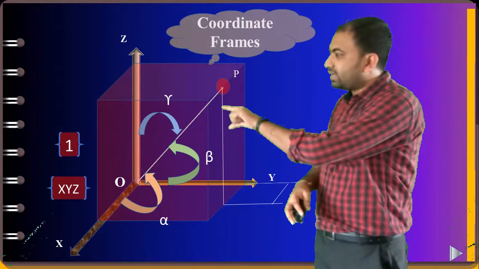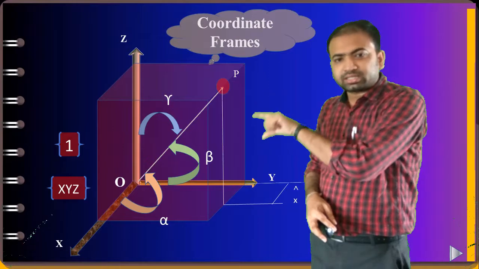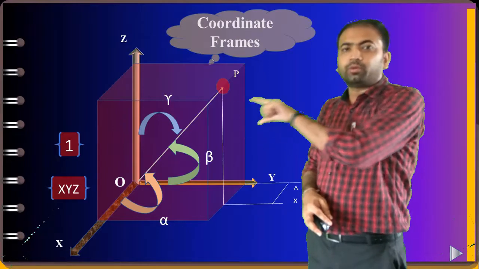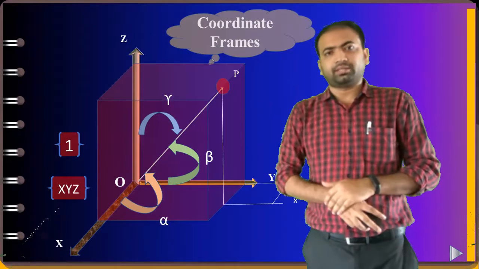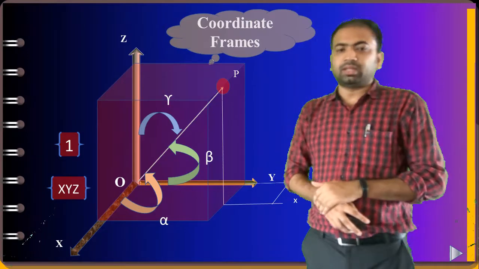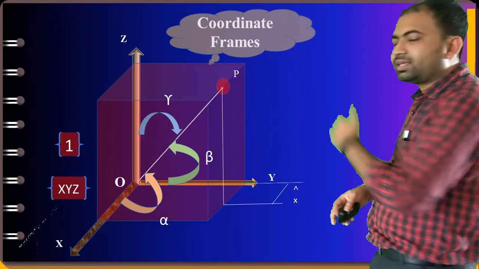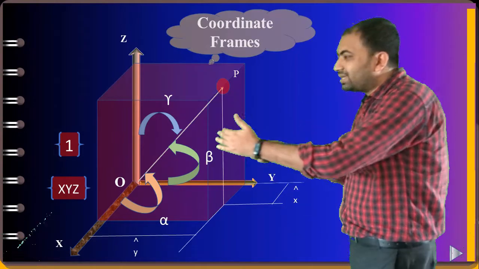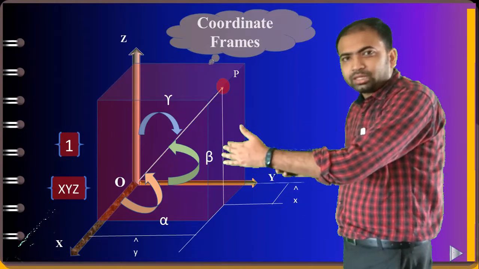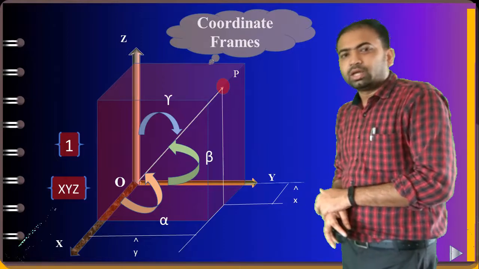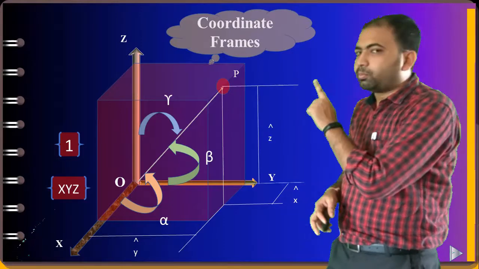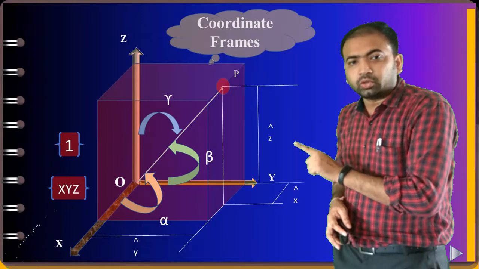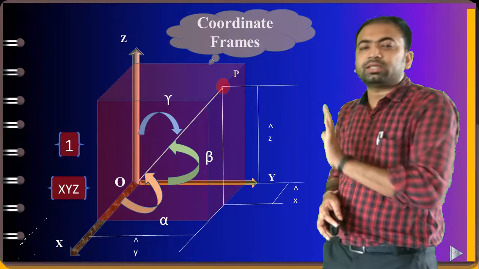That means x cap units is the distance from point O to point P along the x direction. Similarly, if you consider the y direction, then point P is located at y cap units. Similarly, we can find the distance of point P from origin O along the z direction, which is z cap.